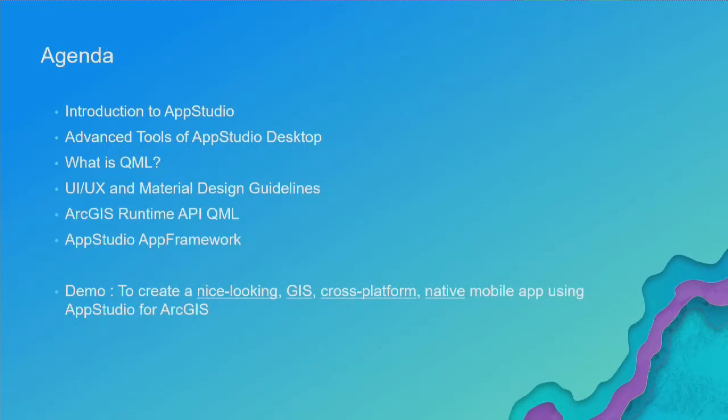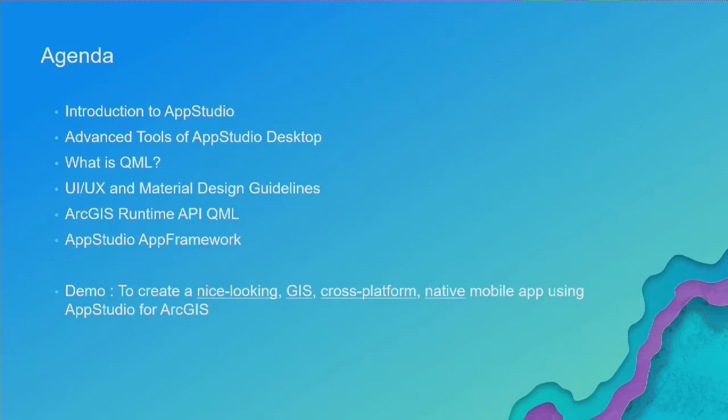So what we're going to talk about today is a little bit of introduction, so that those of you who didn't go to the basic session have some idea of what AppStudio is. Then we're going to go into some of the advanced tools in AppStudio desktop. Then we're going to talk about QML, which is the language that we use in AppStudio.